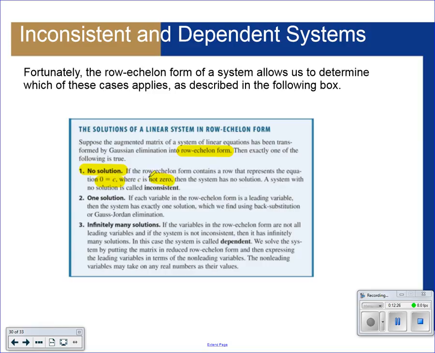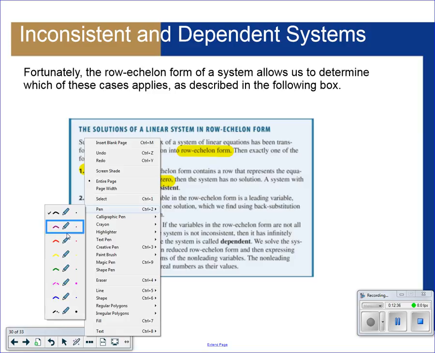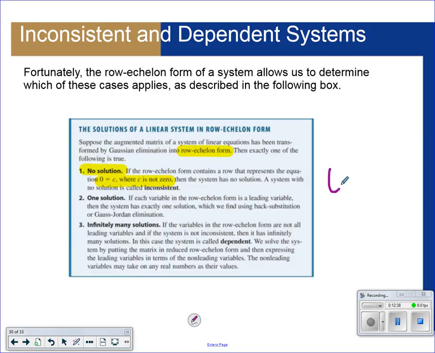So what that means is you would have an equation that is not true. For instance, if you had 0 equals 5, is that true? No, so then it would be inconsistent. That's what you would end up getting from the bottom.